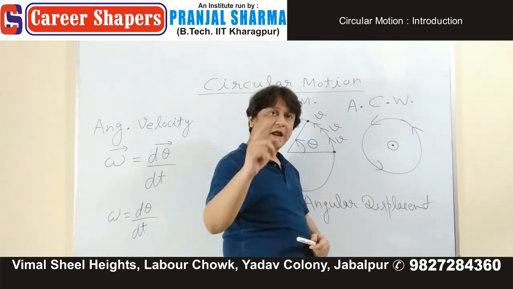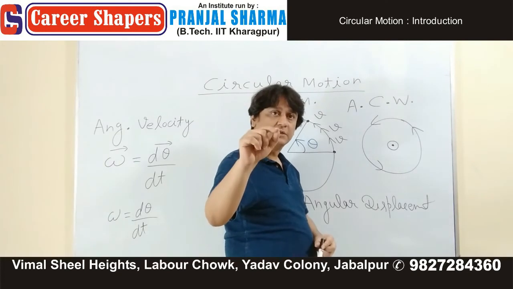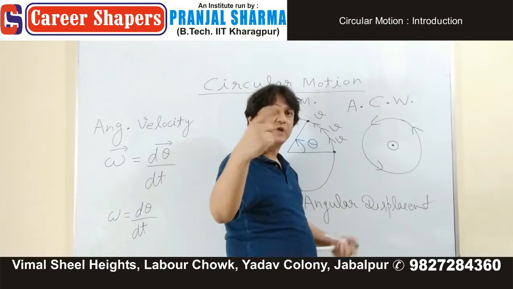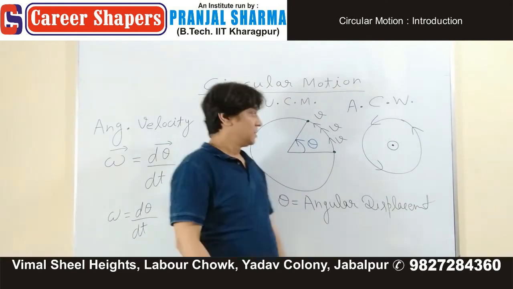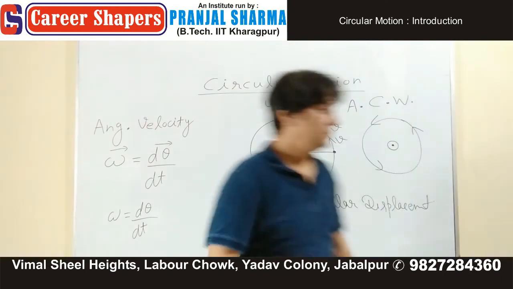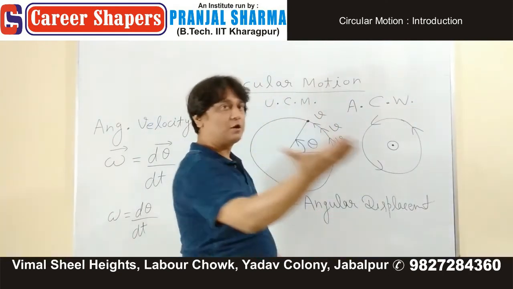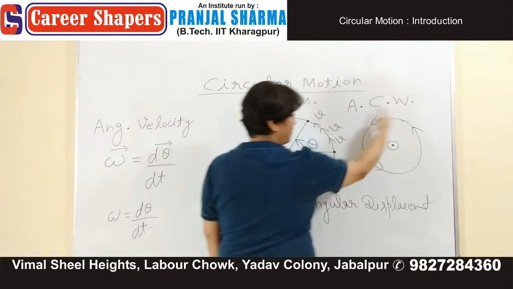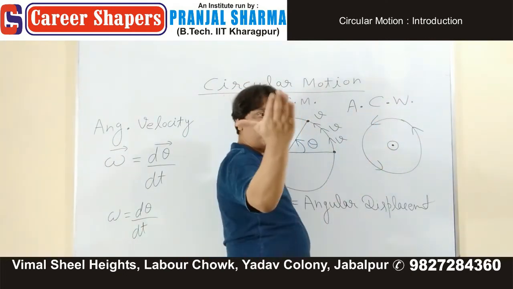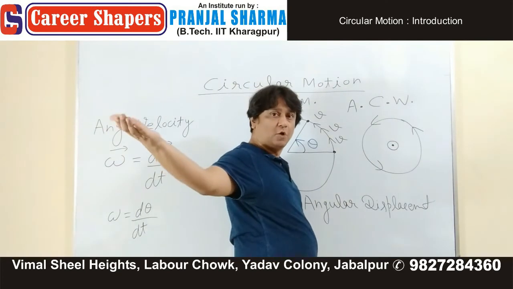And I said angular velocity is a vector whose direction is always along the axis. Why? Watch. Take your right hand. What type of rotation do you see? Anti. I am holding my hand like this. I hope you can see this.